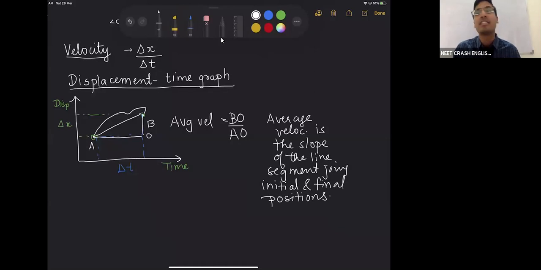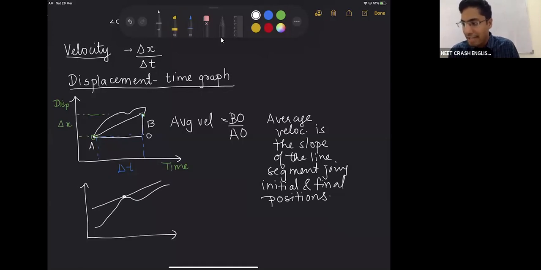Now, what is the instantaneous velocity? For instantaneous velocity, the line segment starts coming down. We keep reducing this delta t. So if you take a point, just take the tangent. The graph is always a displacement time graph.